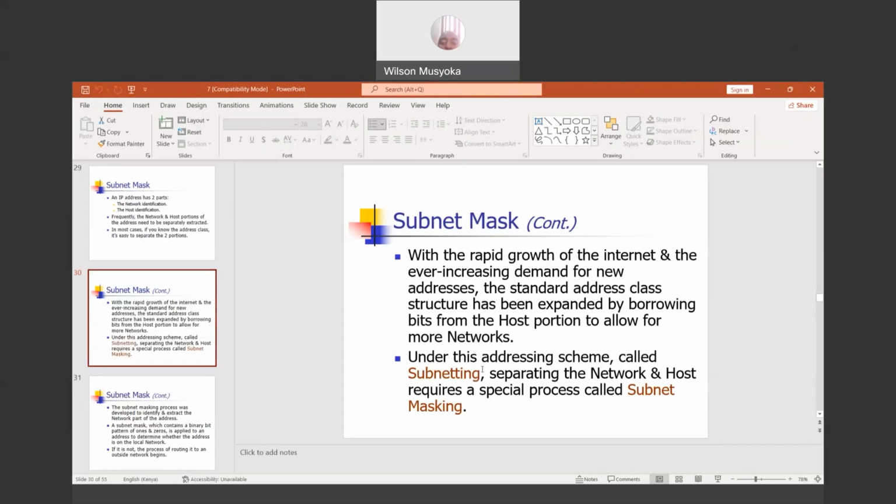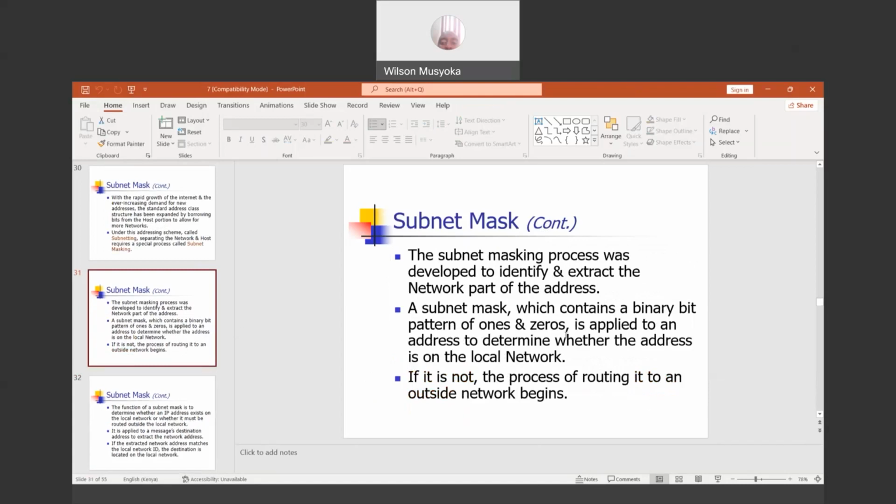Under this addressing scheme, which we call subnetting, separating the network and host addresses requires a special process which we call subnet masking. Subnet masking is the process developed to identify and extract the network part of the addresses.